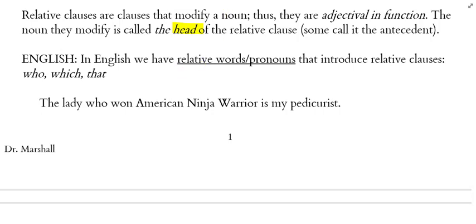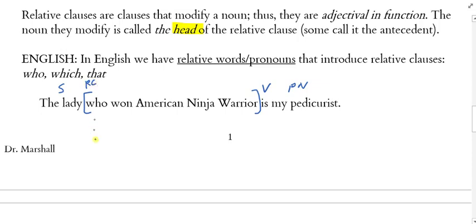What is the core clause that the relative clause sits inside of? The lady is my pedicurist, okay? So the lady is the subject, is the main verb, and my pedicurist is what we would call a predicate nominative, okay? Now, the relative clause is the who, which, or that clause, and it runs from who to warrior.